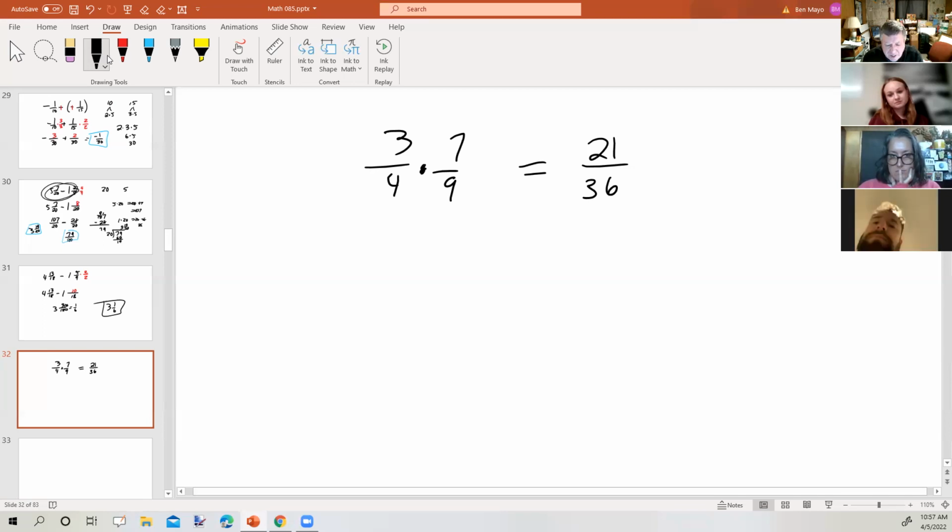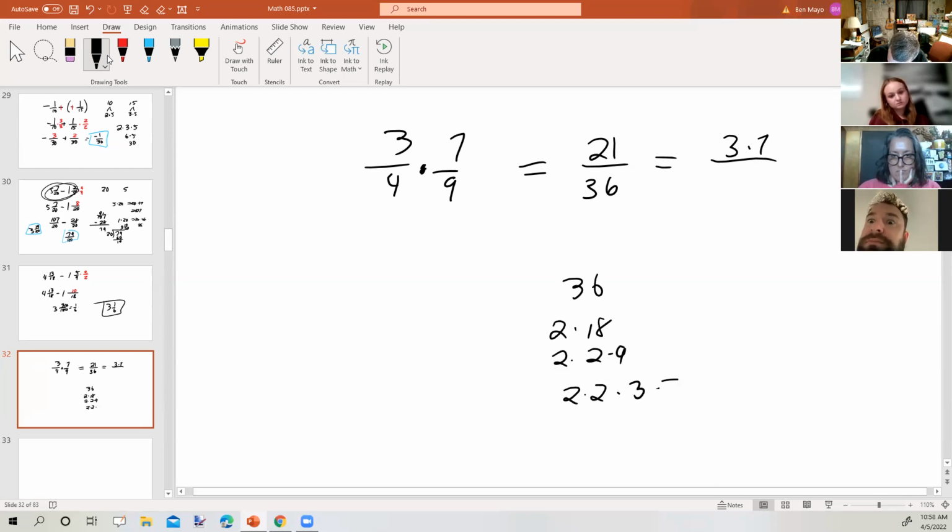21 over 36. Can I reduce that? Well, 21 is 3 times 7, and 36 is what? 2 times 18, 2 times 2 times 9, 2 times 2 times 3 times 3. So, and again, this is not ultimately the way I'm going to have you do it, but I want to show you the long way so that you'll like the short way.